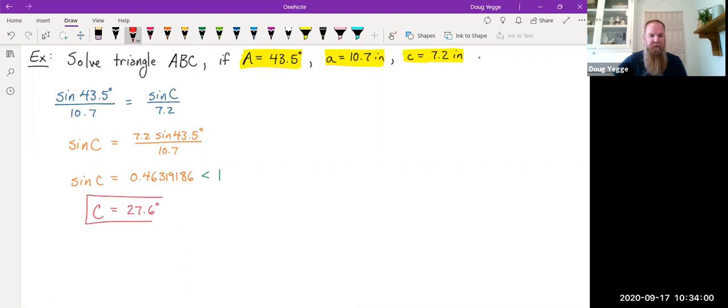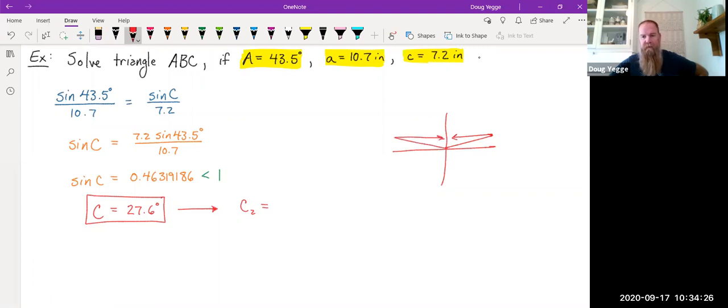Okay, well, if angle C is 27.6, it's also possible that C2 could be the supplementary angle to that. Because notice that on our diagram, 27.6 gives me this y value, then the angle of 27.6 into the second quadrant would give me the same y value.